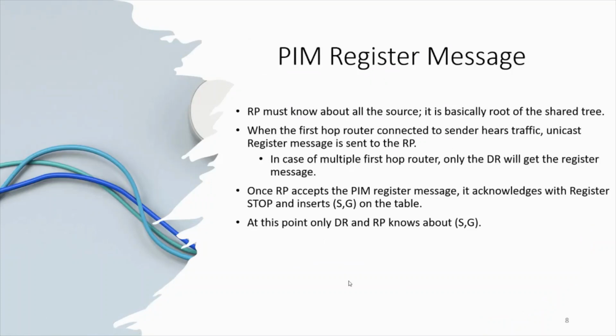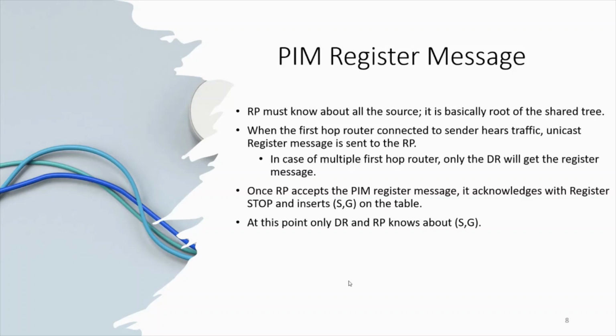We'll talk about the PIM register. It is used by the RP to know the sender. The RP should be aware of all the sources, which is the reason it is called the root of the shared tree. When the first hop router connected to the sender hears traffic, a unicast PIM register message is sent to the RP. In the case of multiple first hop routers, only the DR will send the register message.